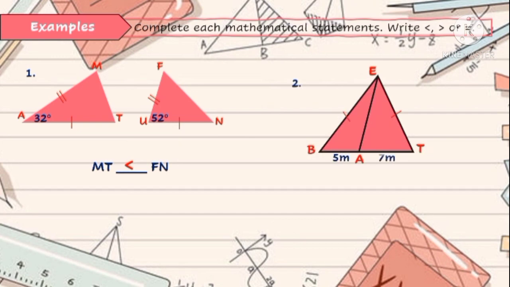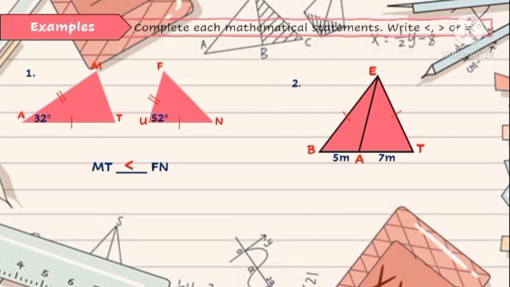Example number 2. In this given figure, the first congruent sides are BE and TE, and the second congruent sides are EA and EA by the reflexive property. The length of the third side of the first triangle is 5 meters.